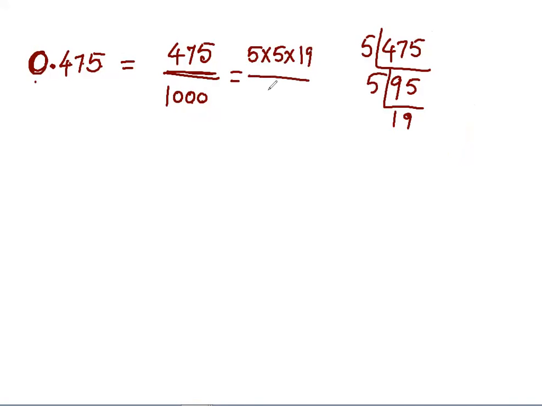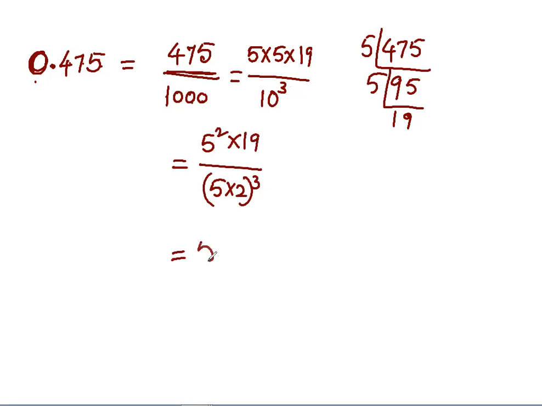And this 1000 can be written as 10 cube, because after one there are 3 zeros. So 5 square into 19 by 10 cube, and 10 can be written as 5 into 2, whole cube.